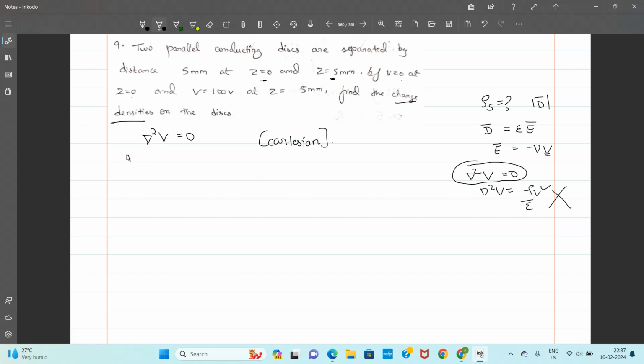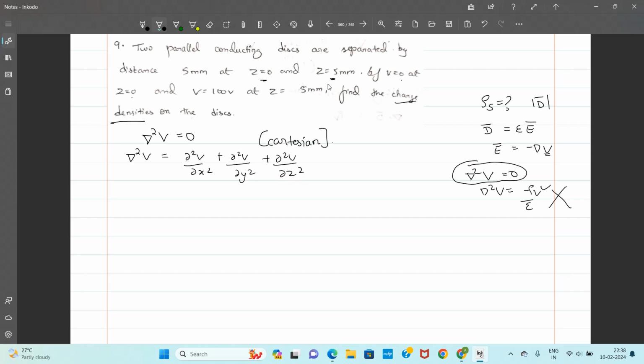And in Cartesian system, what is your del square V equation? You have to go back to the starting. Three systems, you have different Laplace equation, right? Out of that, you are selecting Cartesian now. So your Cartesian system will be del square V by del x square plus del square V by del y square plus del square V by del z square.